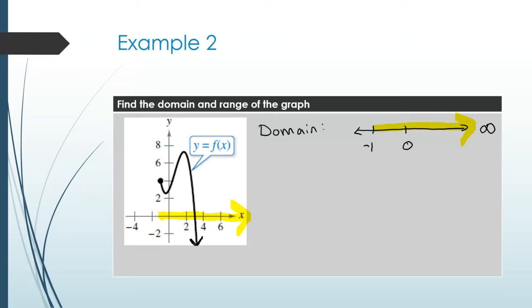So we have a closed circle at -1 on the x. The point looks to be about (-1, 4), if I want to label that. So our x value there is at -1. We have a closed circle, which means it's included, so that's a bracket. So the domain is a bracket at -1, and then we go to infinity, which always has a parenthesis.